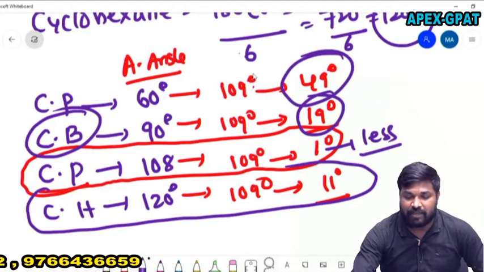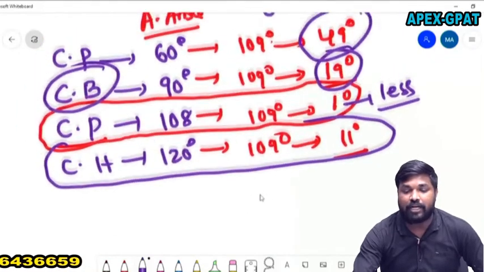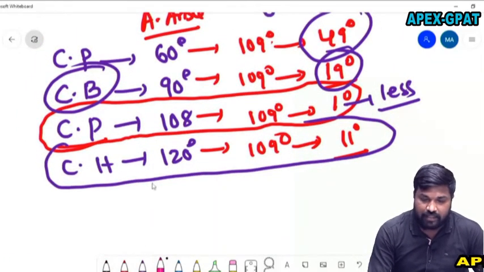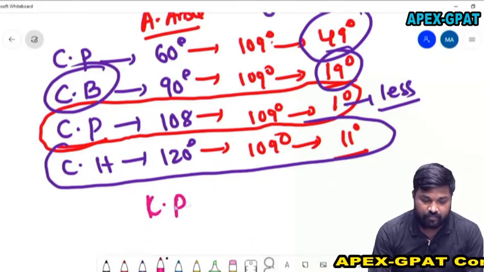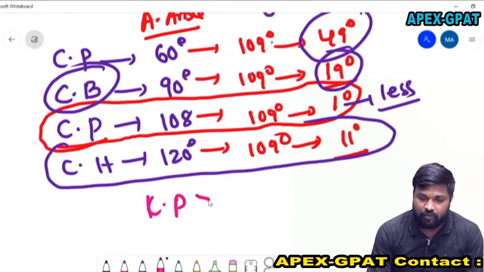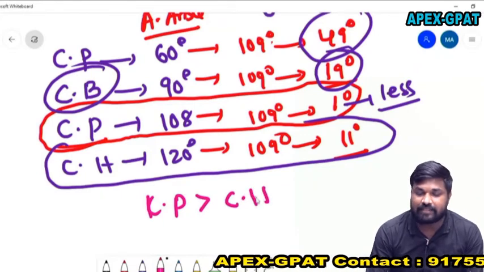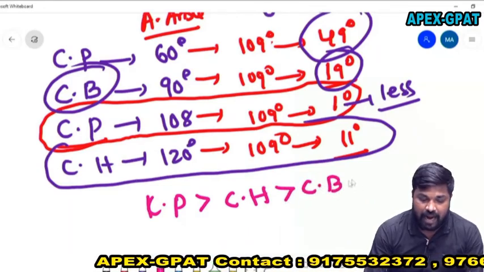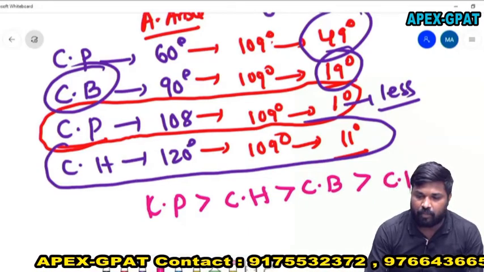So what will the stability be? According to angle strain, the order is: first cyclopentane, the most stable, followed by cyclohexane, then cyclobutane, and last cyclopropane.